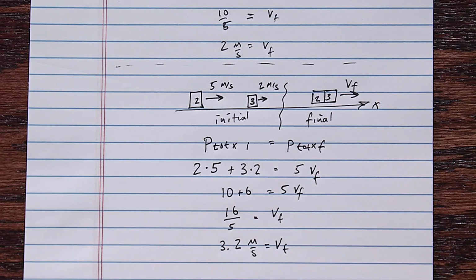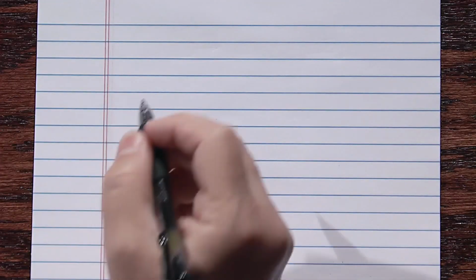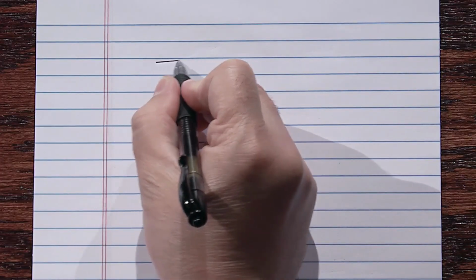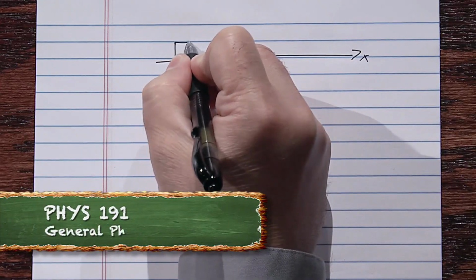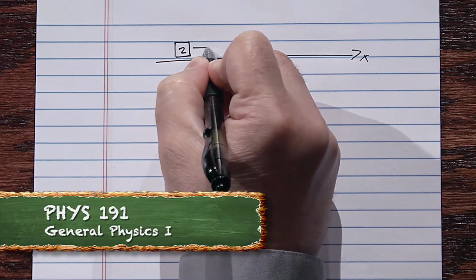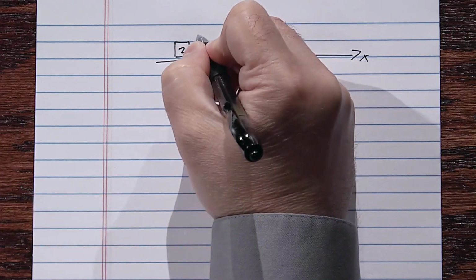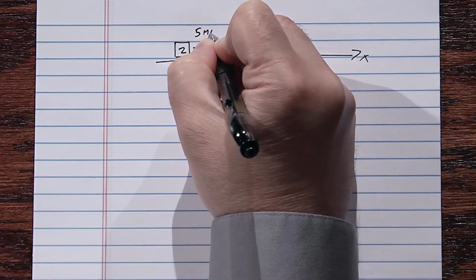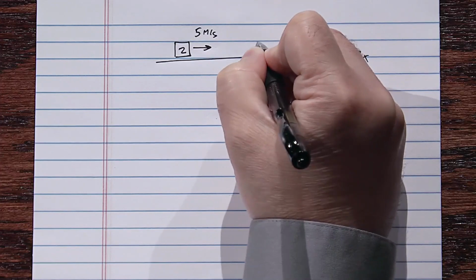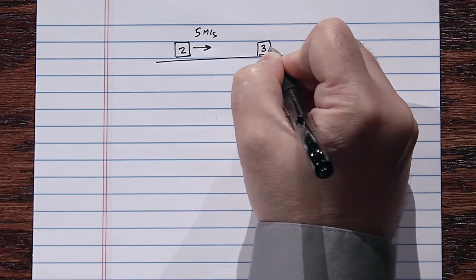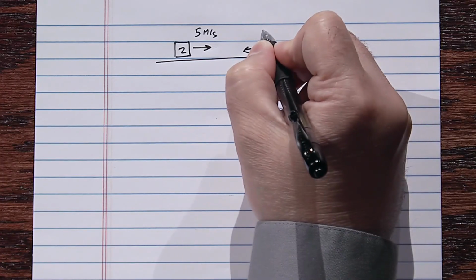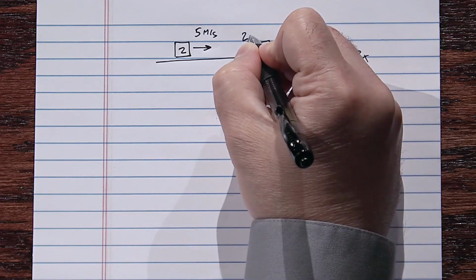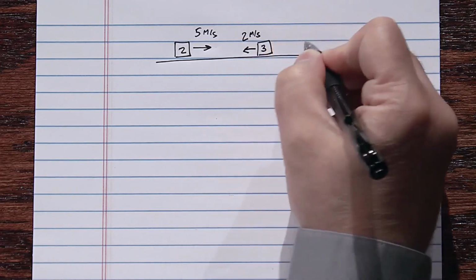Let's take a look at another illustrative example. Now, let's consider what happens if we have our 2 kilogram mass moving at 5 meters per second, and now our 3 kilogram mass is moving towards the 5 kilogram mass at 2 meters per second.